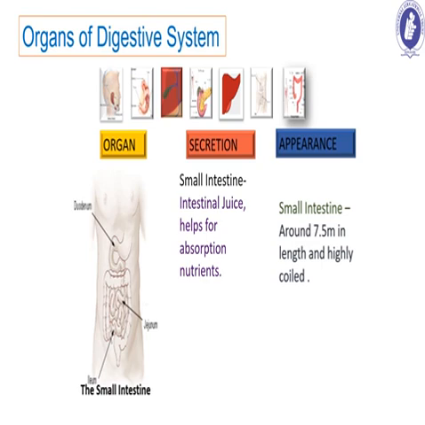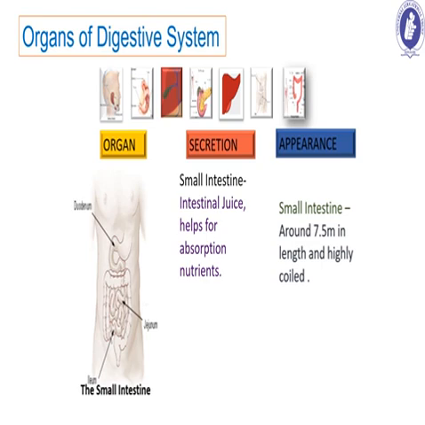The next important organ in the digestive system is the small intestine. Even though the name is small intestine, it is around 7.5 meters in length. That means your mother's saree is around 6 meters in length. The small intestine is lengthier than that, 7.5 meters, and it is a highly coiled organ.